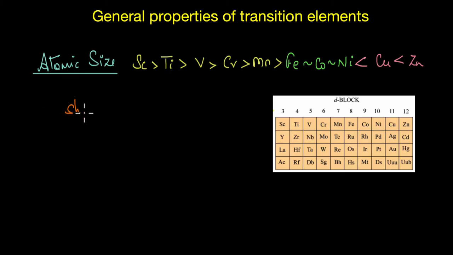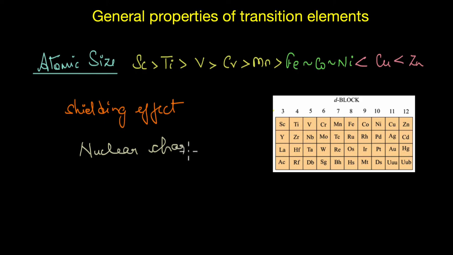One is the shielding effect of the d orbitals, which as we know is not very high because d orbitals do have poor shielding effect. And second thing is the nuclear attraction or the nuclear charge. As the d electrons have poor shielding effect, the outer electrons experience greater nuclear attraction, and as a result, the ionic radius decreases.